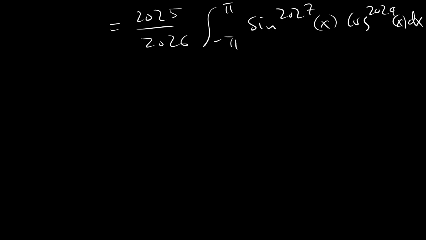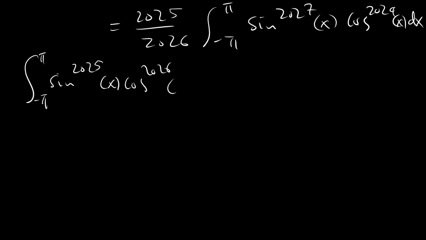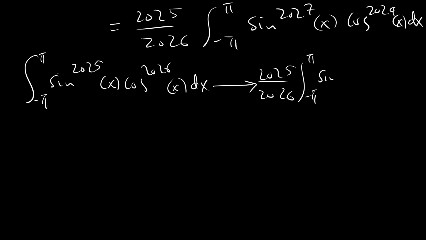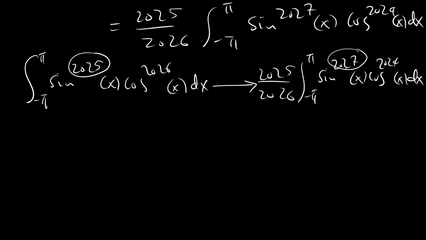So without really belaboring the point, if our initial problem, sine to the power 2025 of x cosine 2026 of x, was able to bring us to this, then we see that 2025 jumped 2 times to that, and 2026 jumped 2 times to the lower value like that.